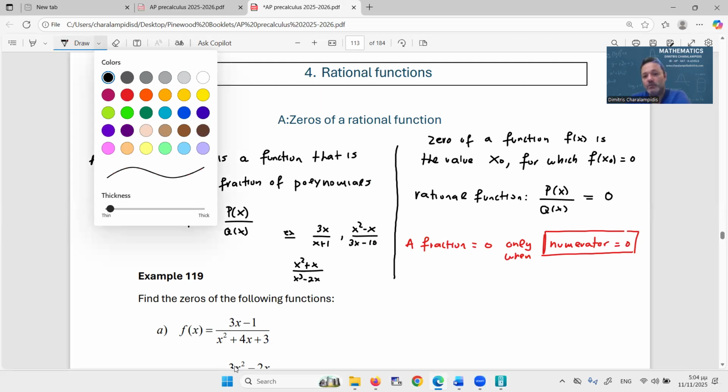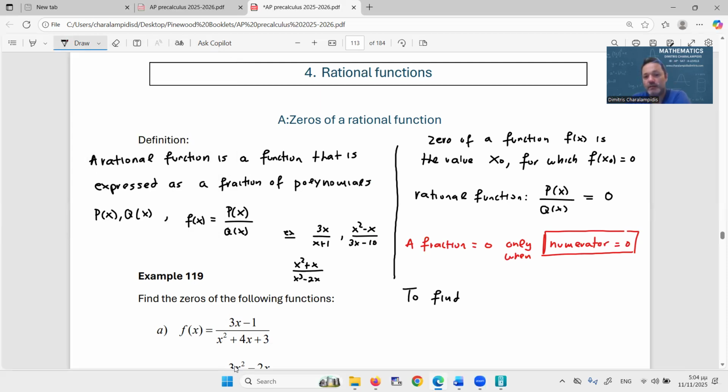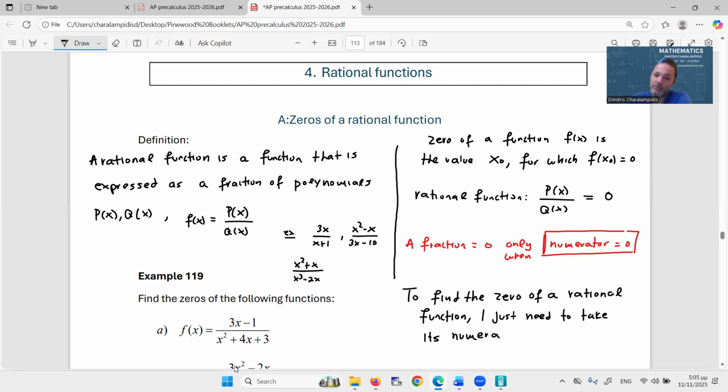That to find the zero of a rational function, I just need to take its numerator and make it equal to 0.